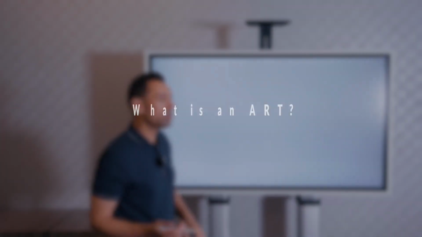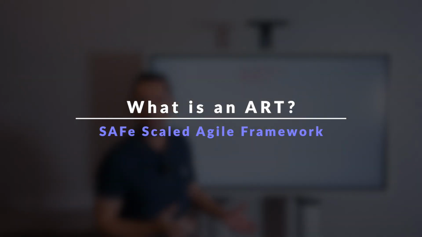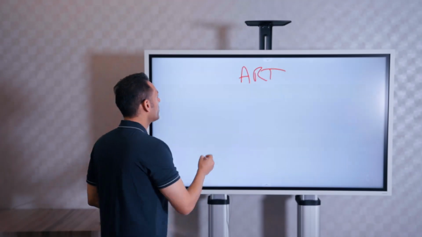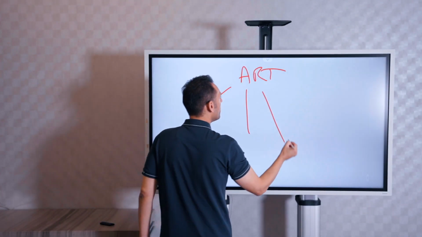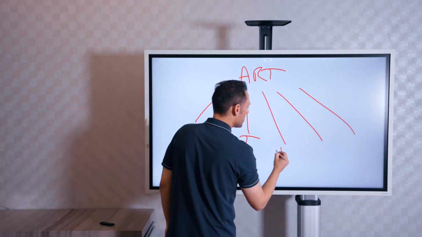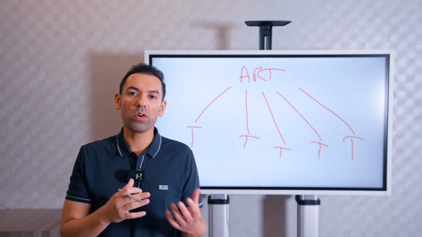Now let's get to the Agile Release Train, which is ART. It basically stands for Agile Release Train. And this Agile Release Train structure is a way of coordinating multiple teams. So if we have a team here, a team here, a team here, a team here, and a team here, you need to have a mechanism to coordinate these teams.